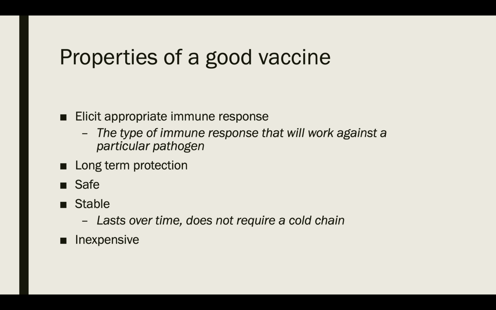Stable means it lasts over time, and particularly that it doesn't require a cold chain. I put some terminology at the end of this, but a cold chain is a supply chain that maintains a cold temperature. If a vaccine requires a cold chain, and say someone in the Democratic Republic of Congo needs that vaccine, the vaccine is going to get shipped from the United States.